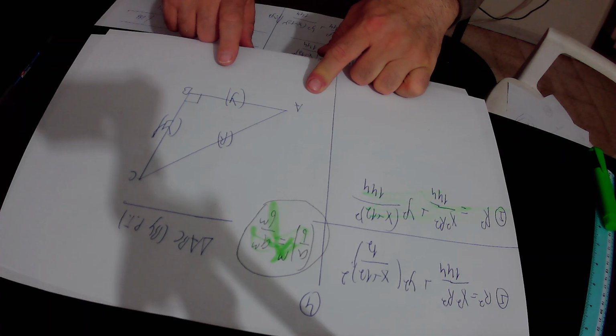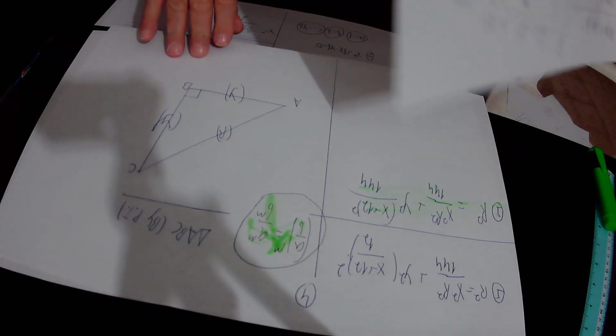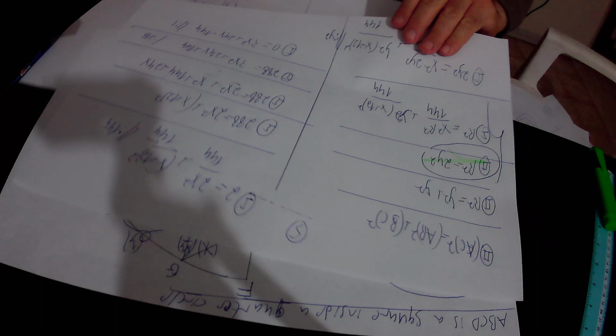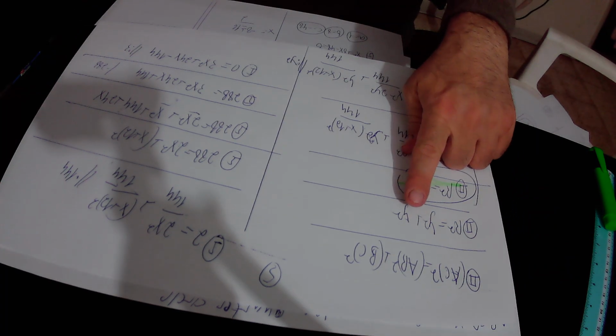AB and BC are both sides of square ABCD, and therefore they are equal to Y according to our definition. So in this right triangle ABC, according to the Pythagoras theorem, AC squared equals AB squared plus BC squared.